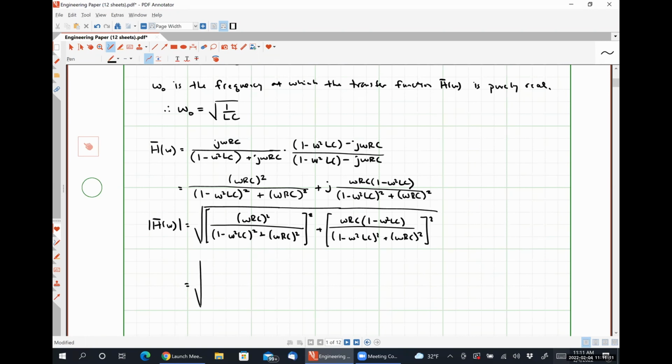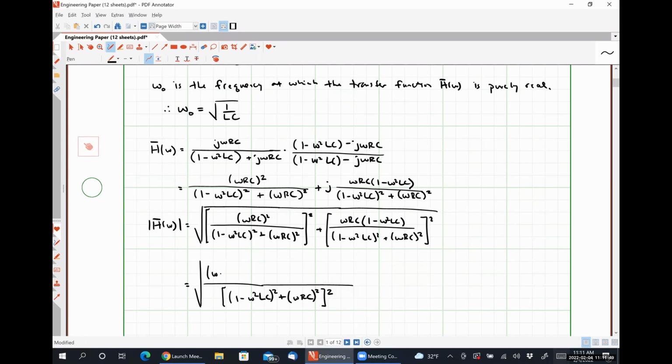And it should be fairly obvious that we are going to have a denominator of 1 minus omega squared LC squared plus omega RC squared, and our numerator. So we're going to have a factor of omega RC to the, we'll write this down and then we'll do some factoring here.